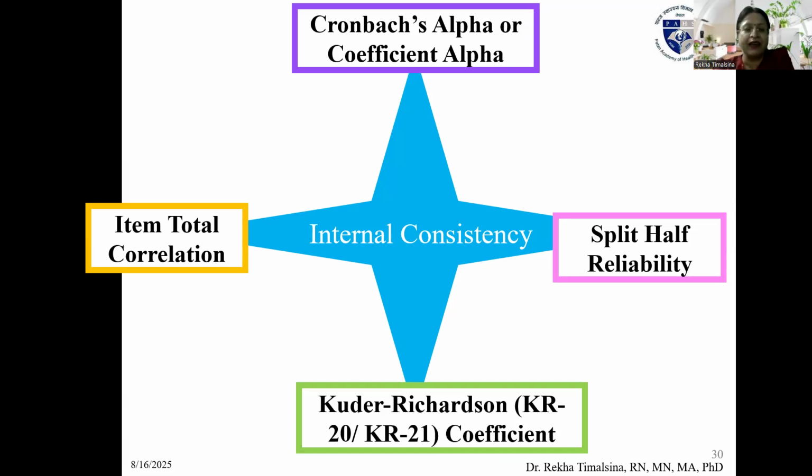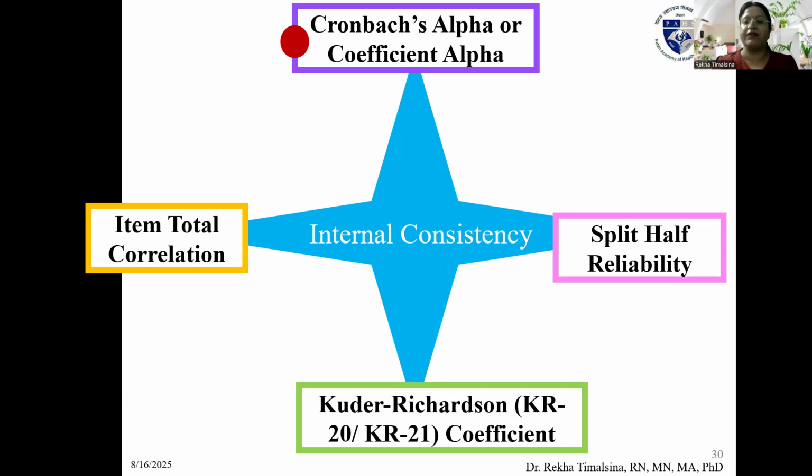In contrast, KR20 or KR21 is specifically designed for instruments with dichotomous items such as yes or no items or true or false responses. Meanwhile, item total correlation examines the relationship between each item and the total score, thereby helping to identify items that may not be consistent with the rest of the scale.